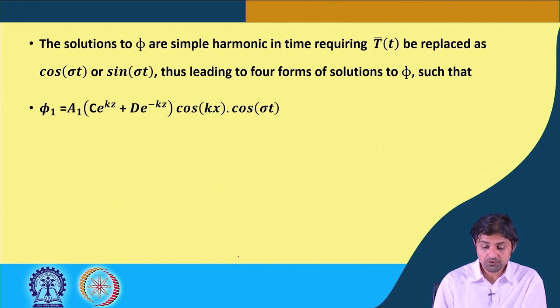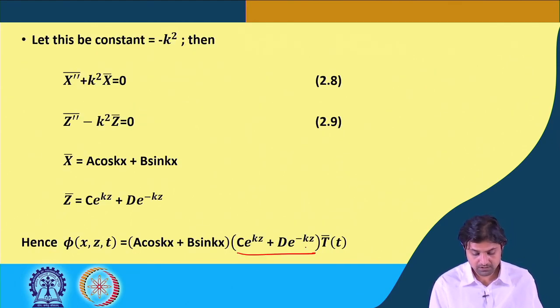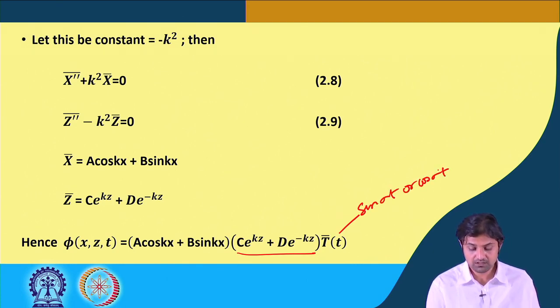Okay. So, we can write 4 different terms. We did not touch this: a cos kx plus b sin kx, multiplied by either sin sigma t or cos sigma t.